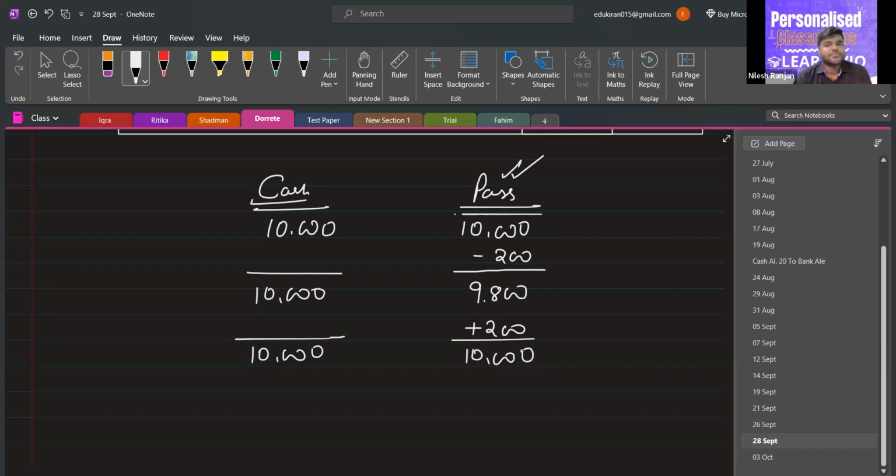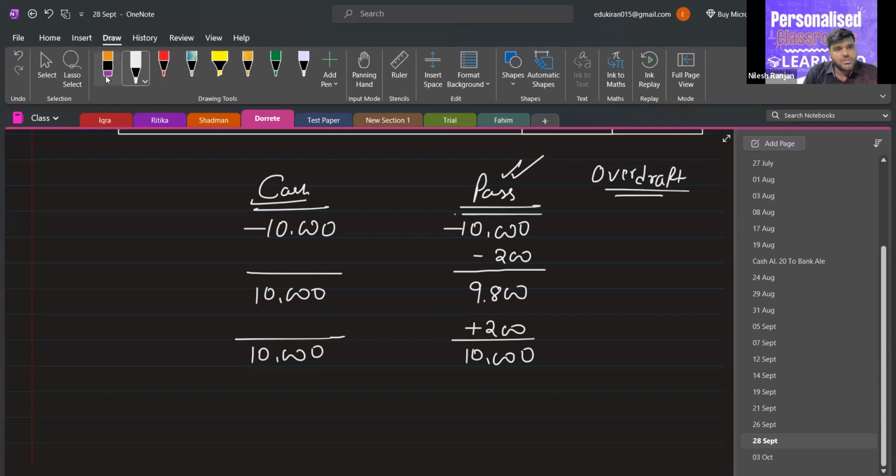Now, overdraft balance means negative balance. Is this clear to you? Yes, sir. So it means minus, minus. So if it is minus 10,000 and minus 200, then minus, minus, plus.